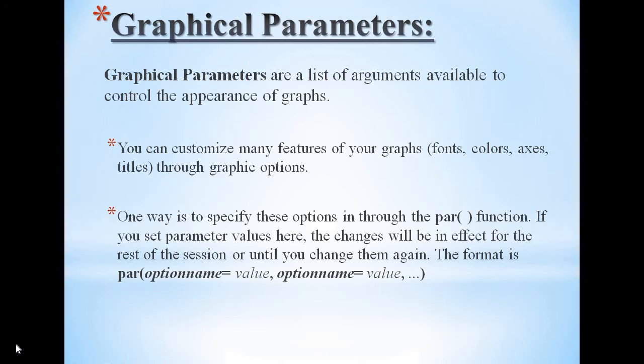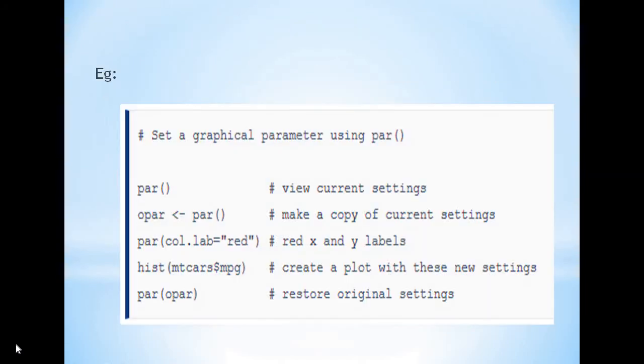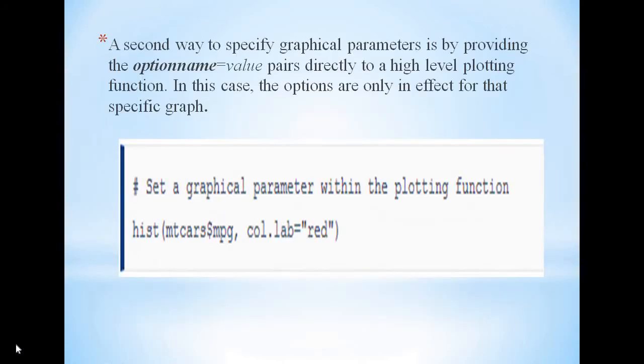The format is par in the bracket, option name equal to value, comma, option name equal to value, etc. So this is the general format for using the PAR function. For example, this is a code which sets the graphical parameter. You can go through this.